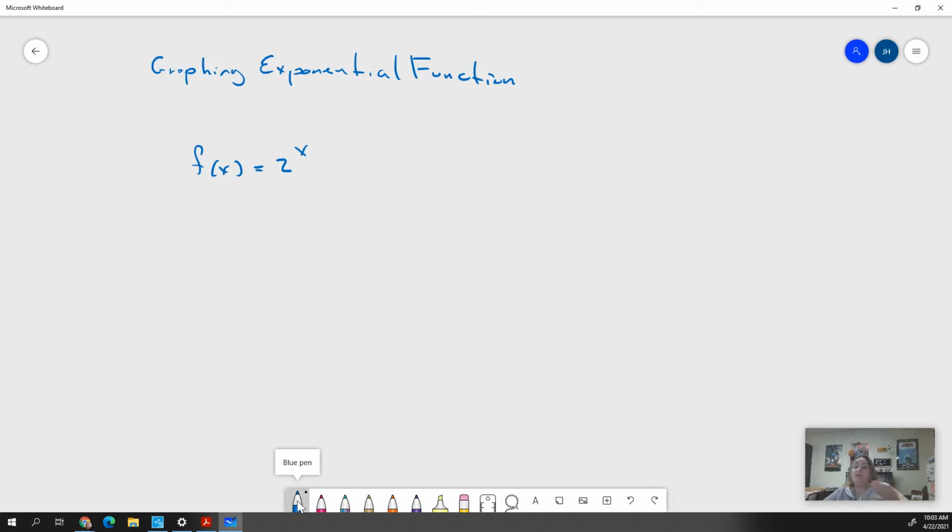We had a base. It could have been anything, so I'm going to keep this as b so that we know it could be anything. But it was just something to the x power. For the first time, our variable was in the exponent, not in the base.